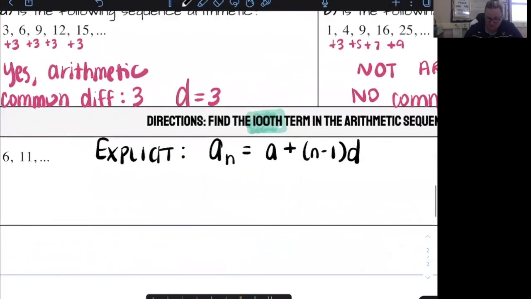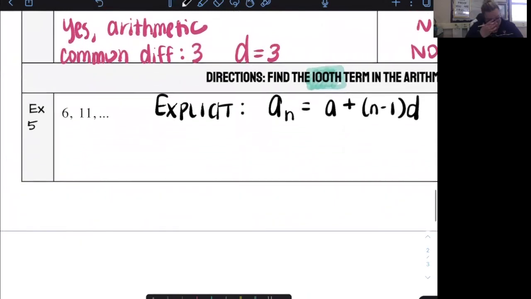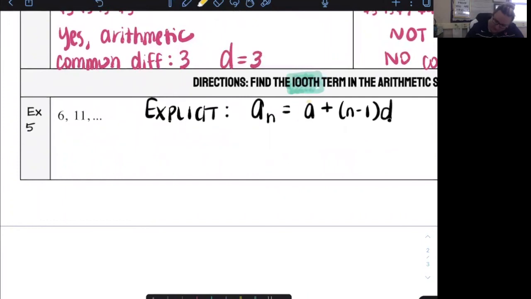To find what we need, a is your initial term, so a is equal to 6.